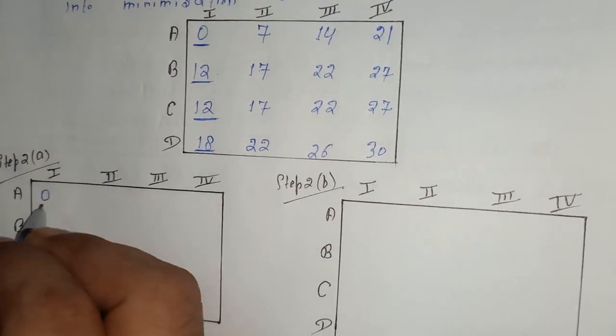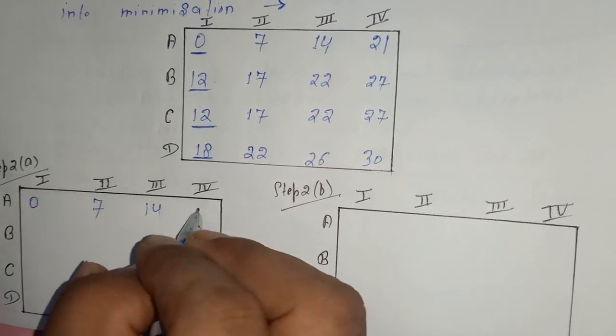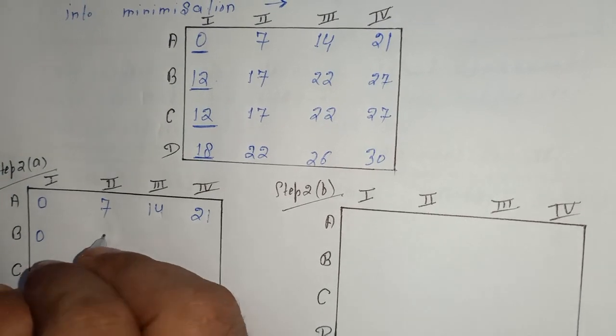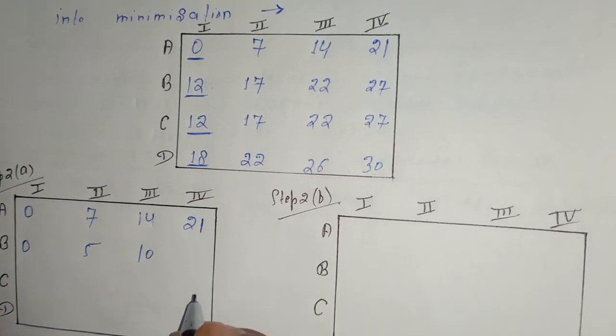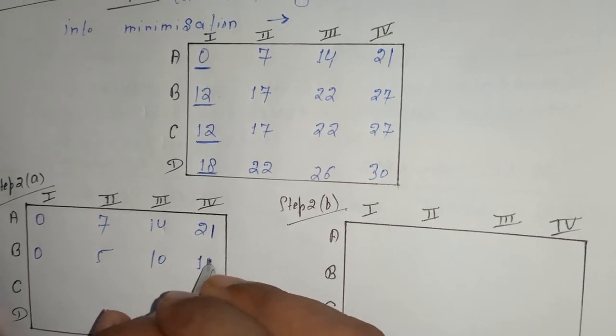0 minus 0, 0. 7 minus 0, 7. 14 minus 0, 14. 21 minus 0, 21. 12 minus 12, 0. 17 minus 12, 5. 22 minus 12, 10. 27 minus 12, that is 15.